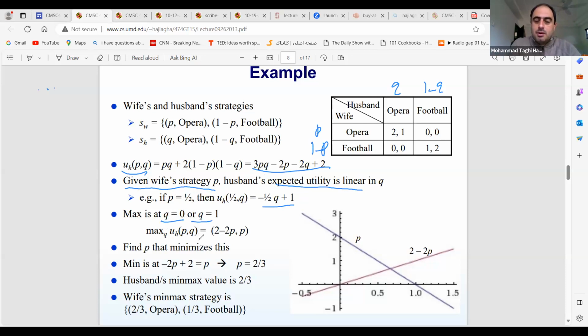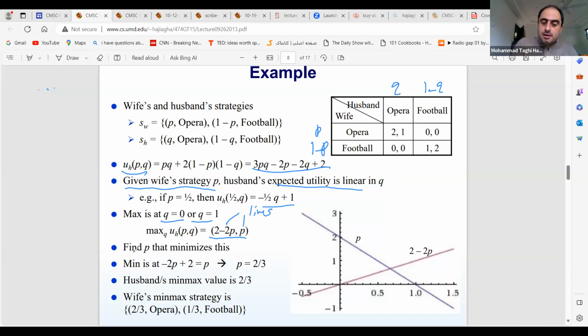So the maximum would be equal to the max of these two lines, attained at either this line or this line. And now to minimize, these are the two lines that we have.